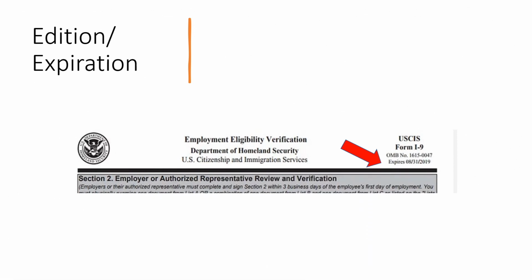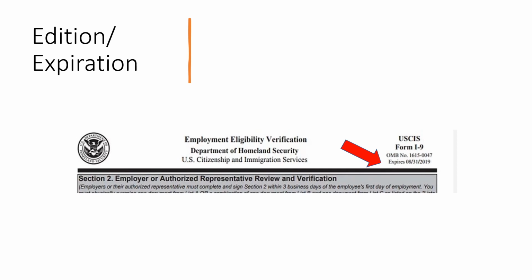As I stated before, the forms do have an expiration date. You need to make sure that every time that form expires, you're updating your application with those new forms. There's times when I have audited personnel files, the person has a hire date of 2020, and the I-9 form that they filled out expired August 31st, 2019.